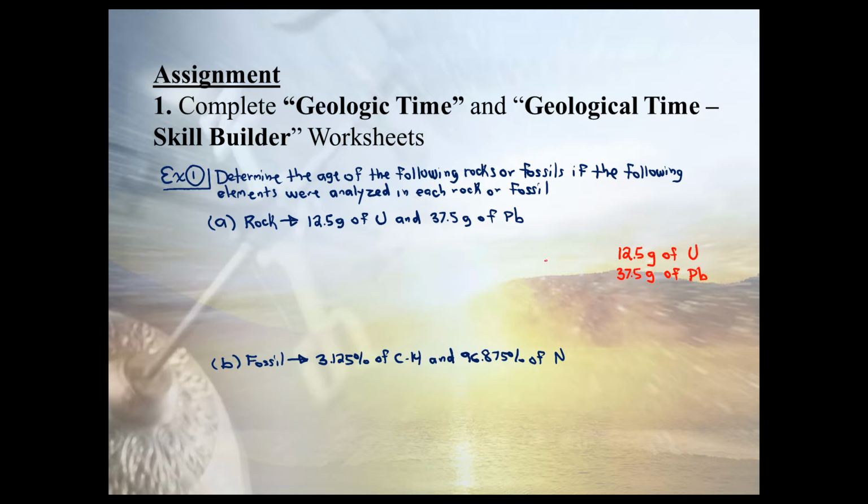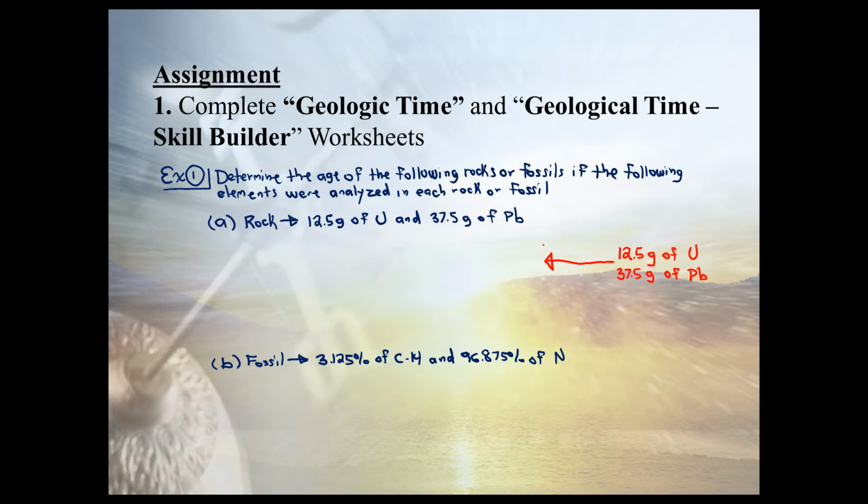Now, I want to work backwards to figure out how far I have to go back to get 100% of my original elements. Let's do this. Okay, so I started off with 12.5 grams of uranium.